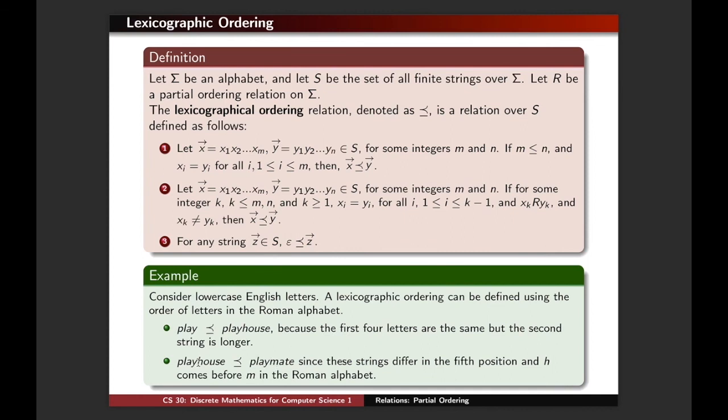But in the fifth position, so this is your K, they now differ. One has H, one has M, and H comes before M in the Roman alphabet. And so we say that playhouse comes before playmate.